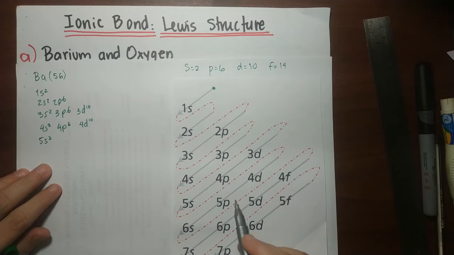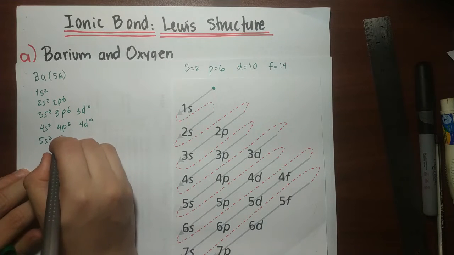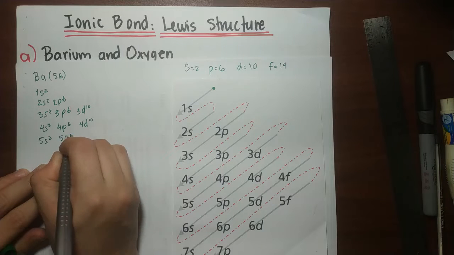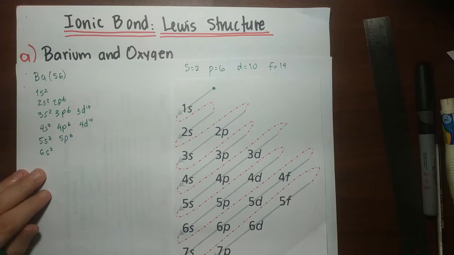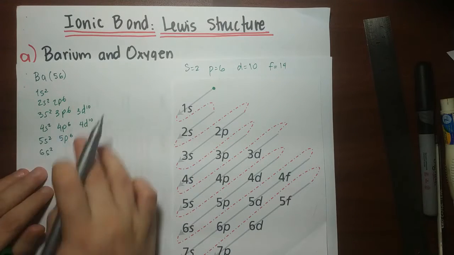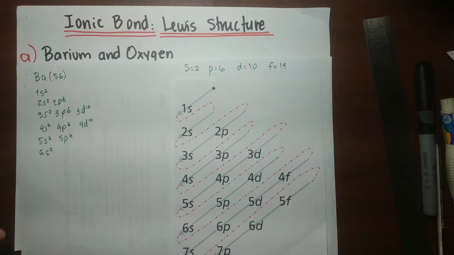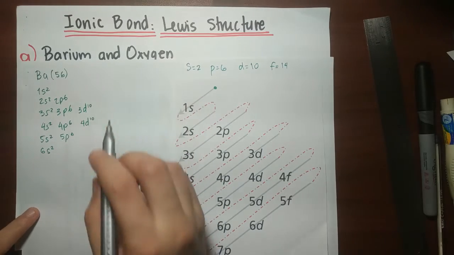Okay, 48 and 6 makes 54. So I continue, and I have 6s2. Now I have the 56 electrons. You can count all of them and you will see that we have the 56 electrons.